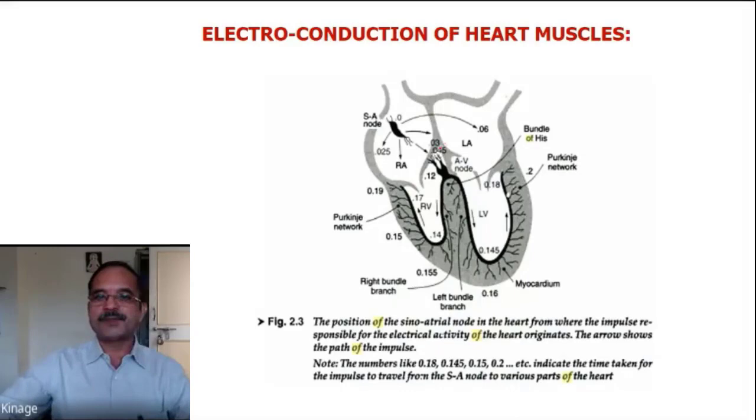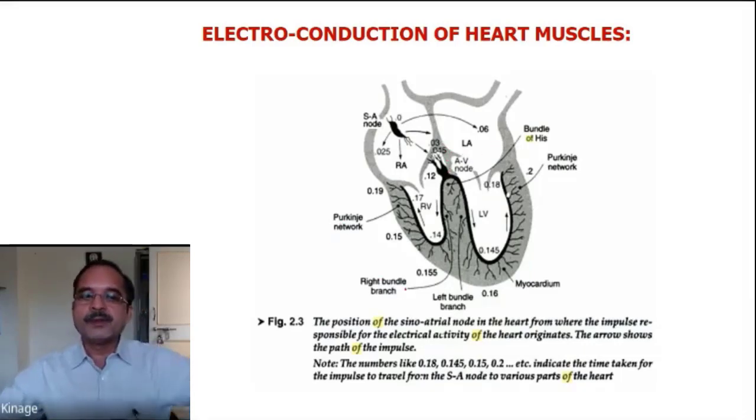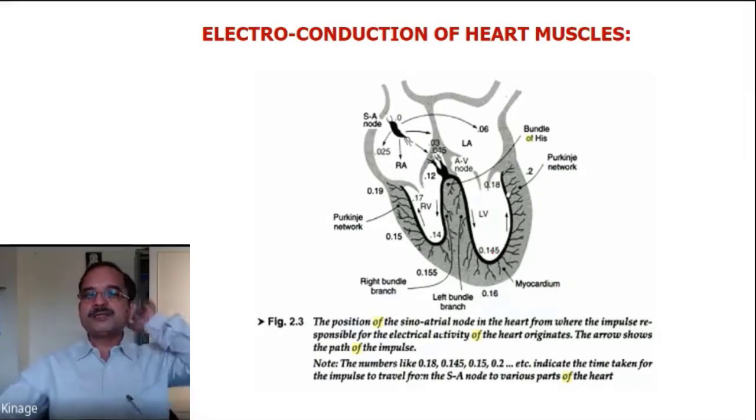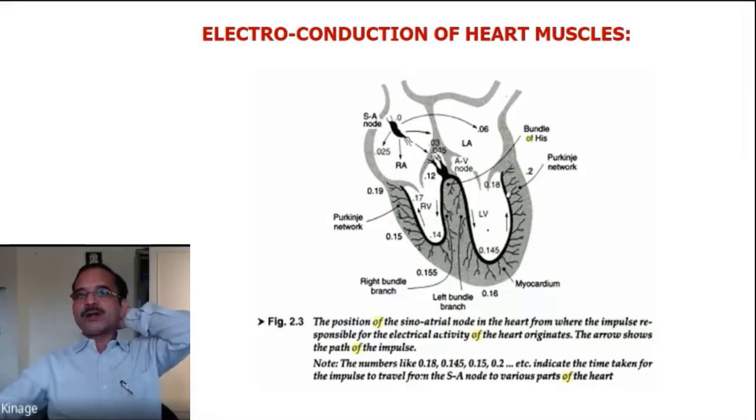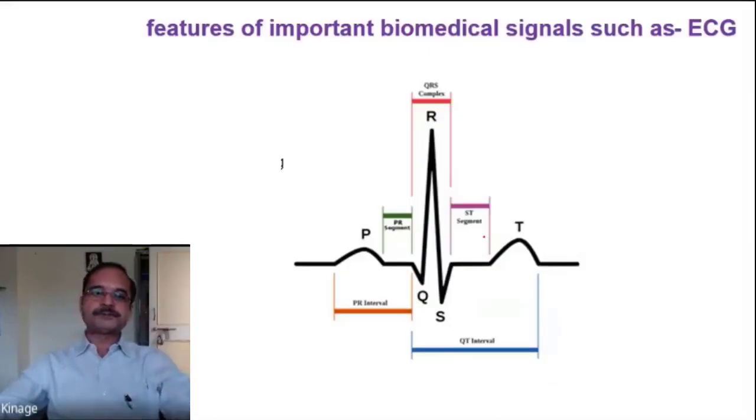Again, this diagram shows the working of the heart, where the various nodes are there. Purkinje fibers are the fibers where these potentials are generated and transmitted. All those things we are going to discuss in the next unit. So this just indicates the electroconduction of our heart muscles.